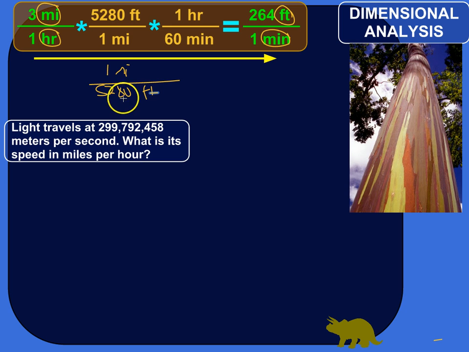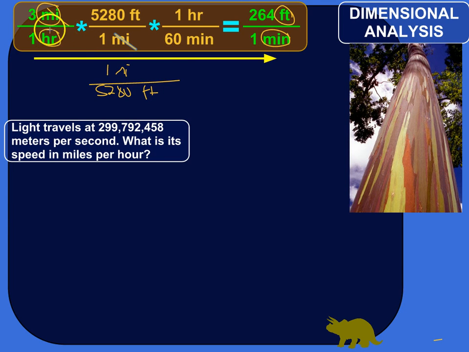That means the same thing. The reason why I put feet on top and miles on the bottom is because I want miles to cancel off. If you have something on the top and something on the bottom, you can cancel it out. Because I don't want anything about miles when I'm done with this. I want the miles to be gone. So I write this so that the units that I don't want cancel out.